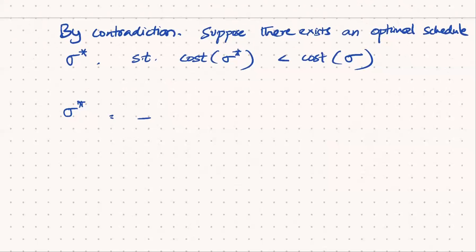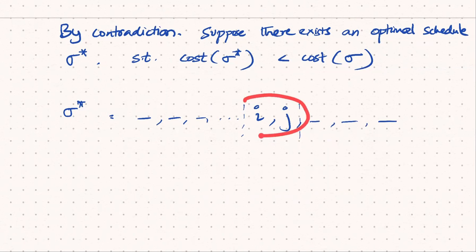It will have some jobs here, and at some point it will have a job I, then the next job will be job J, and then some other jobs again. We are just zooming in on these two jobs, and it has to be that I is greater than J. What we are basically saying is that the score of I is less than the score of J.